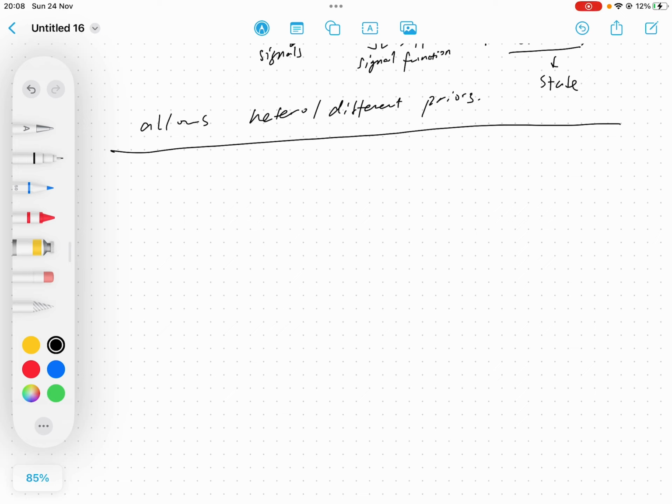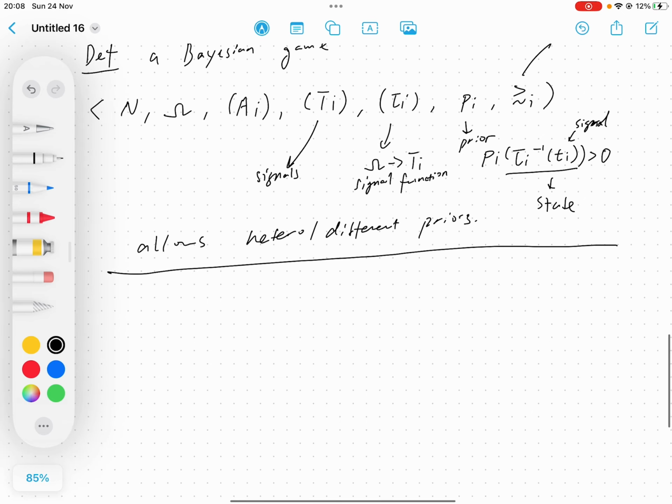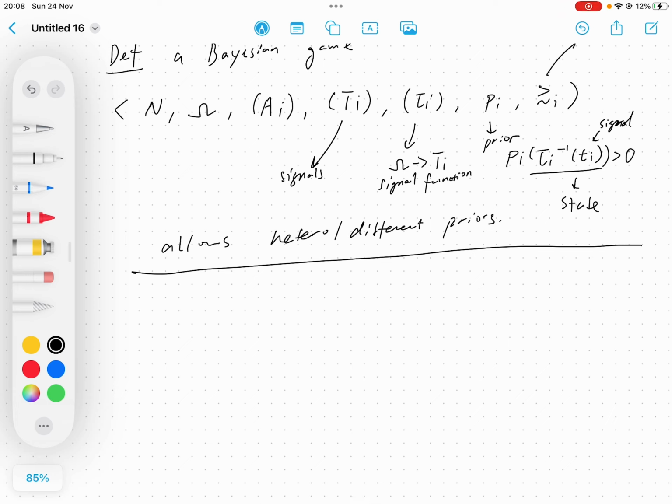Okay, so let's do that. We have this tuple to be a Bayesian game, where we have the player set and the possible signals.